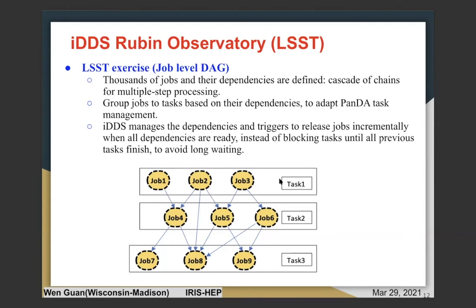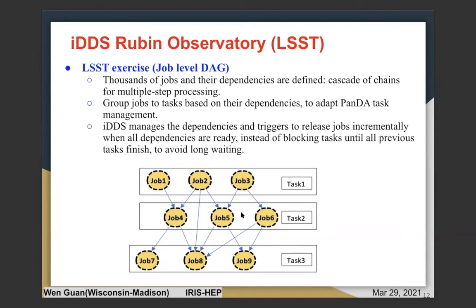In this case, we first group the jobs into tasks based on the dependency to adapt the workflow to the WFMS Panda task management. iDDS manages the dependency and triggers to release jobs incrementally when all dependencies for one job are ready.